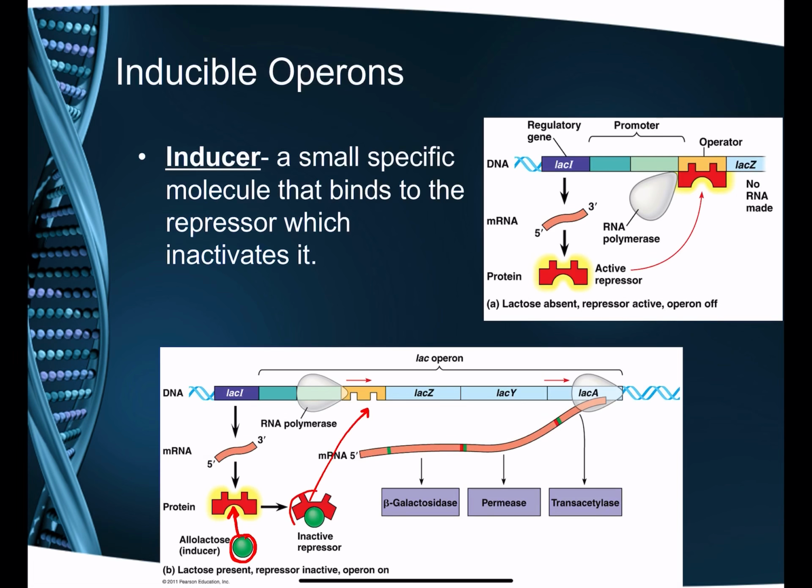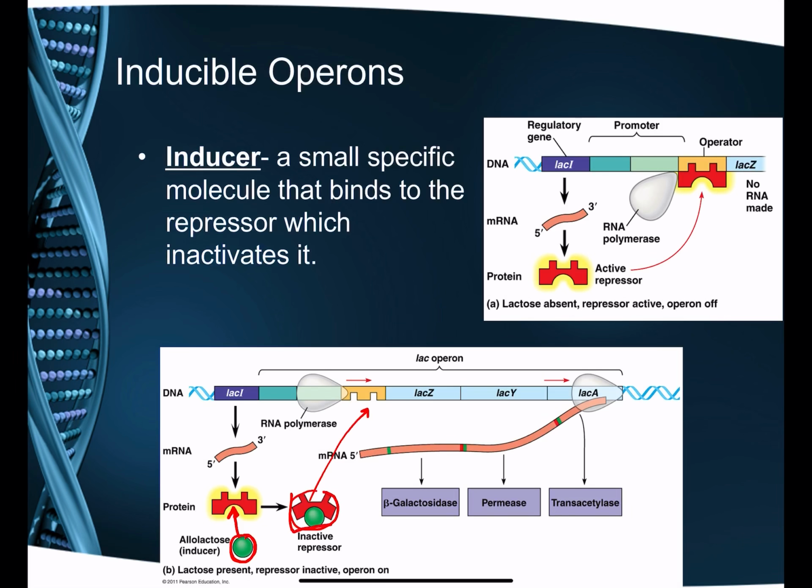We still have the repressor, but instead of a co-repressor, we have an inducer. In repressible operons, you have the repressor, and the co-repressor binds and stops it. In inducible operons, you have a repressor, and an inducer binds and allows it.